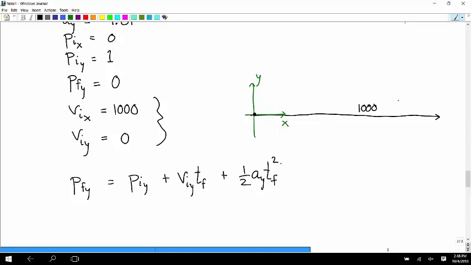And if you fill this in, it says 0 is equal to 1 plus VIY is 0, so plus 0, plus 1/2 times negative 9.81 times TF squared.